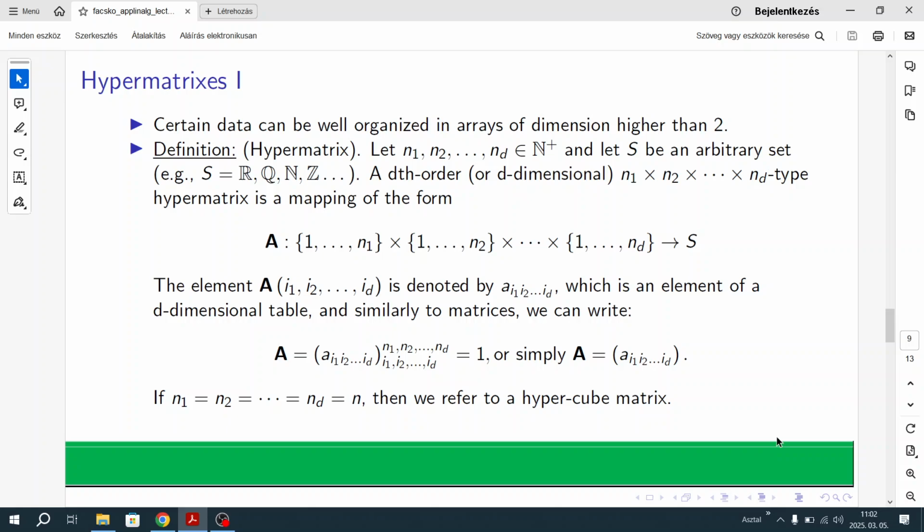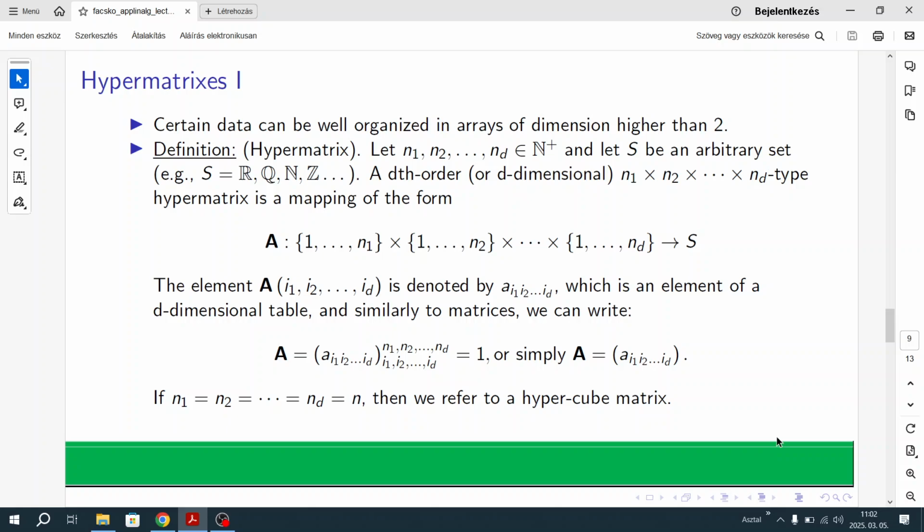When I talk about the set S, that could be the set, or actually the field, of real numbers, rational numbers, integer numbers, or natural numbers, it doesn't matter.